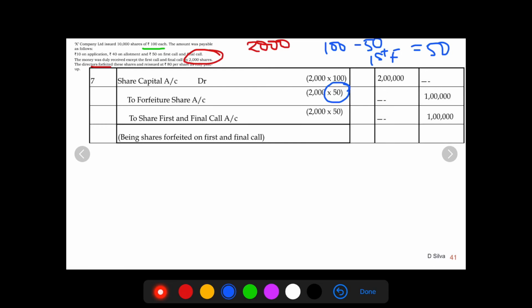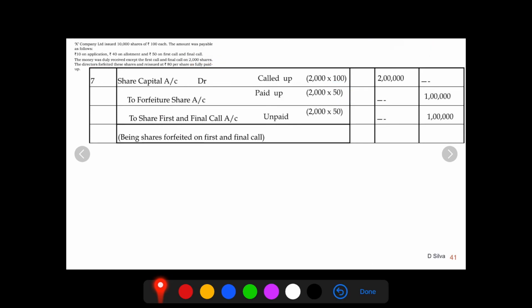So that means on these particular shares we are going to receive the money. Hence, the share capital account that is being debited is called up. The shares that are being forfeited is paid up. The shares which are not being paid on first and final call is the unpaid amount. The other way for you to understand might be in simple terms.